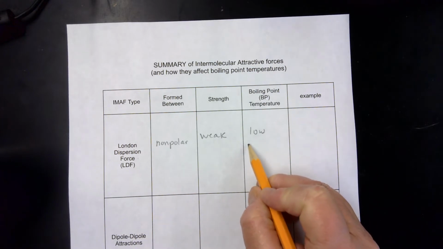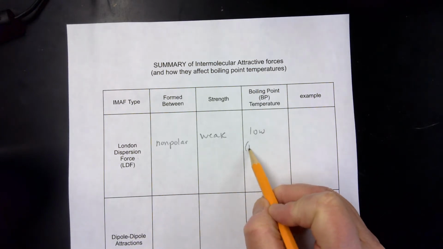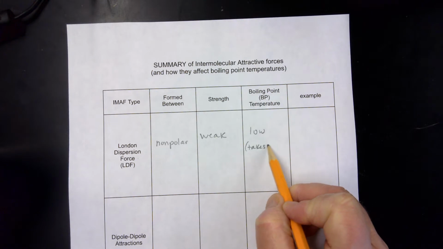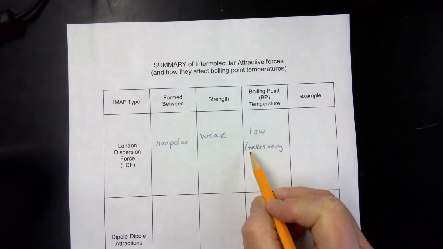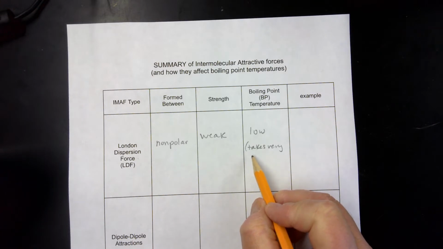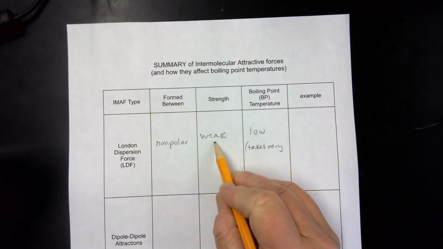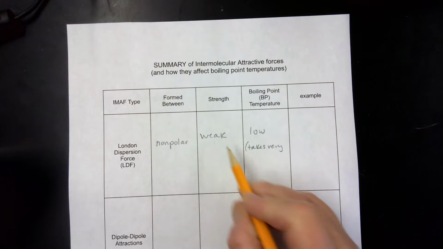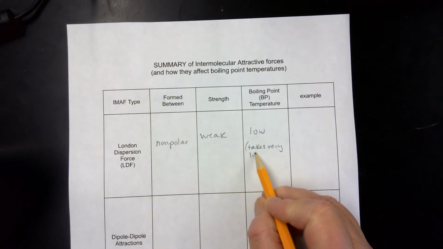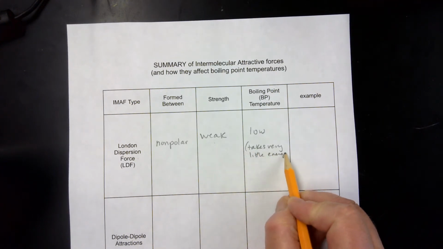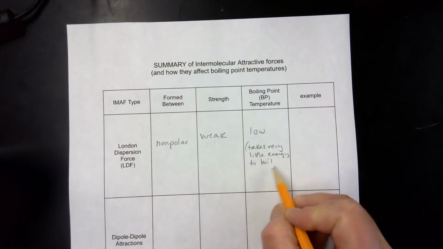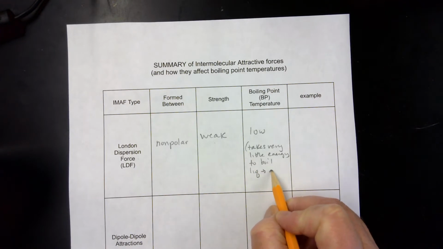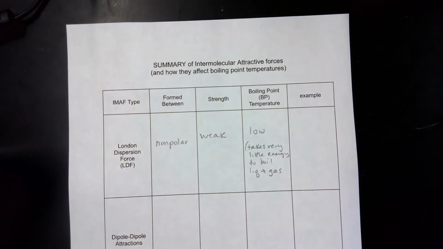And this is because it will take very little energy to separate those molecules from the liquid state where they're close to the gas state where they're far apart. It takes very little energy because they are weakly attracting one another, so it takes very little energy to boil the liquid molecules into the gas phase.